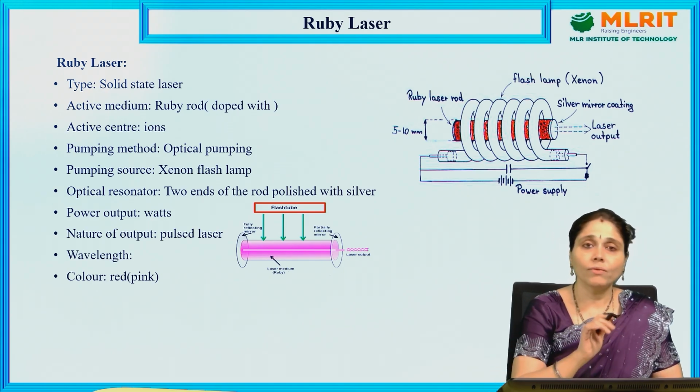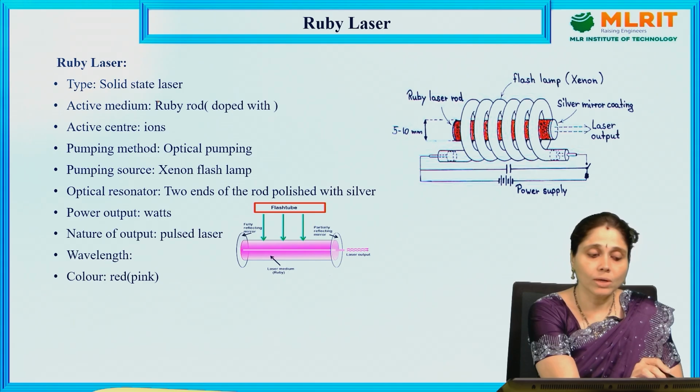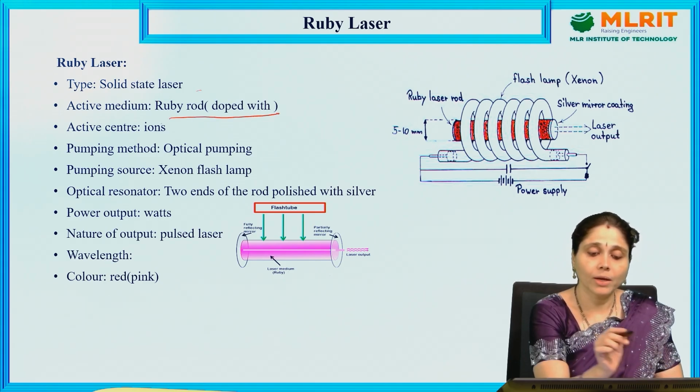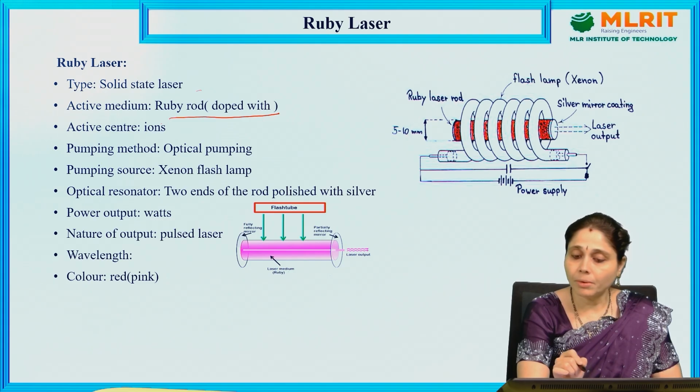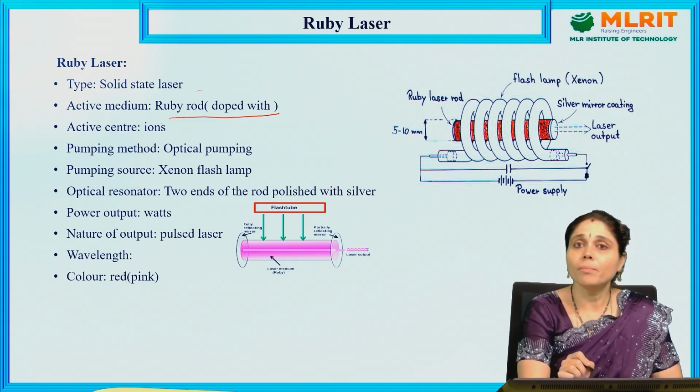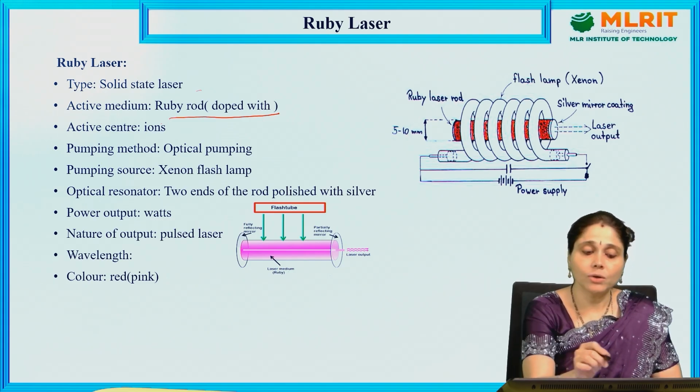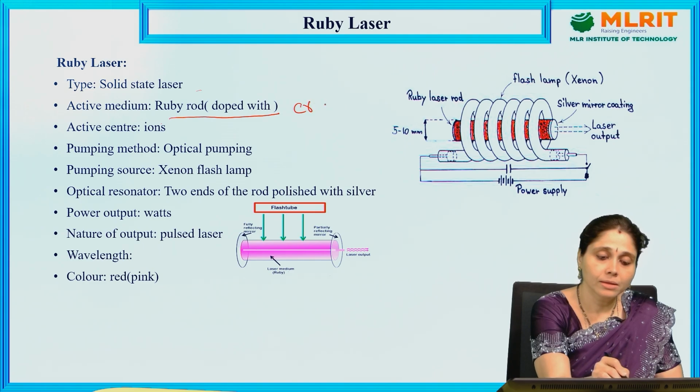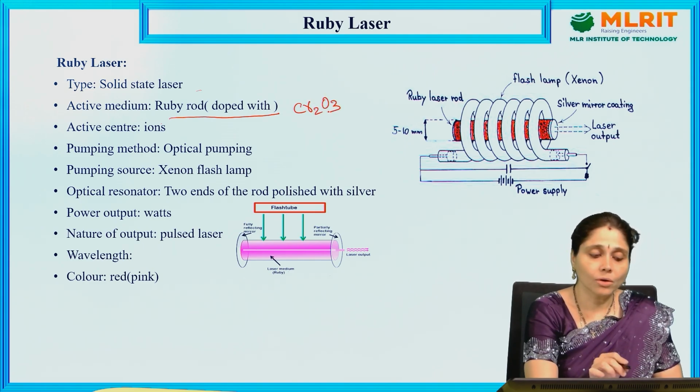Here, what we are going to see, this is a solid state laser. Active medium is ruby rod. Okay, it is doped with chromium atoms, Cr2O3. Active center is ions.